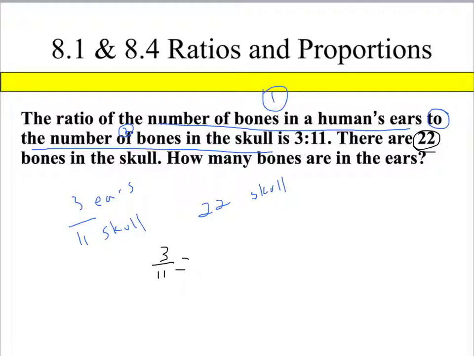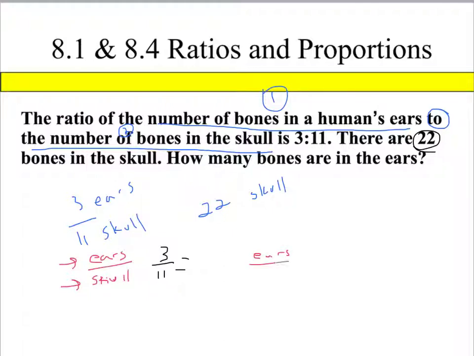Now, if I look at this, I put ears over skull, right? The number of bones in a person's ears over the number of bones in the person's skull. Remember, because ears came first, okay? So I put ears over skull. That ratio, how I did that, has to be the exact same thing on the other side.